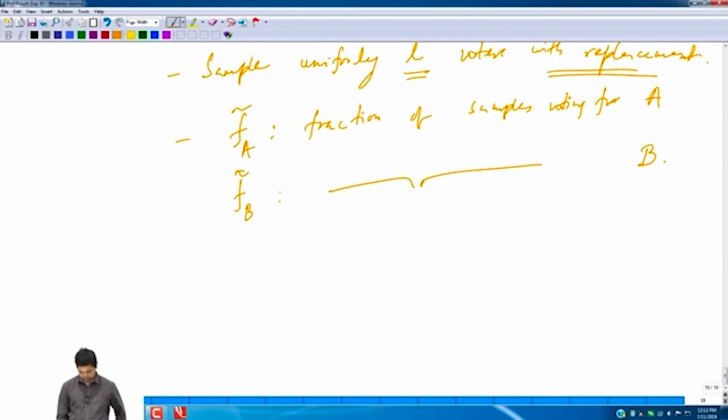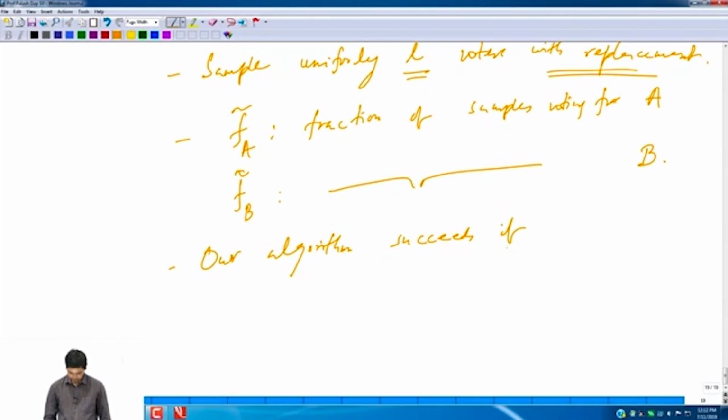And so our algorithm succeeds if f hat of A is greater than f hat of B. My algorithm will just see what fraction of people voted for A in my sample and what fraction voted for B, and if more people vote for A in the sample, it will predict that A will win.